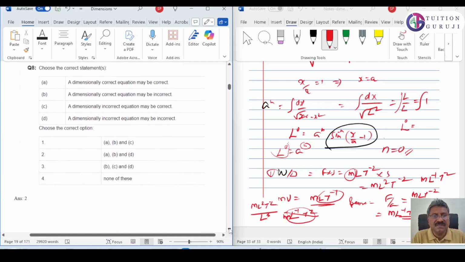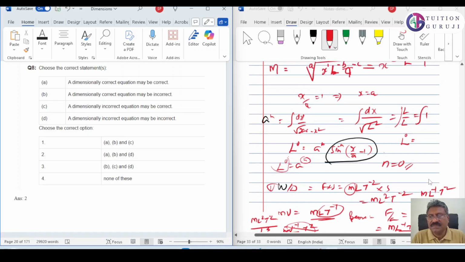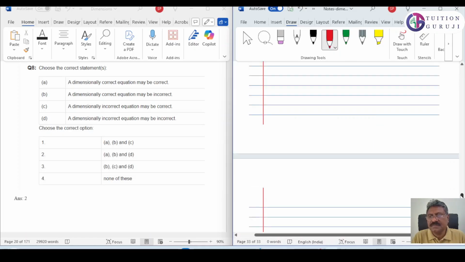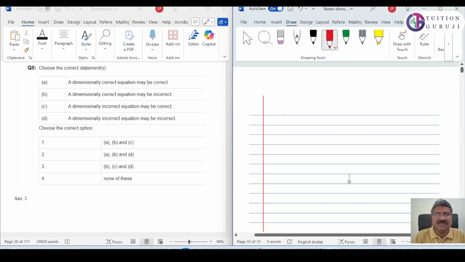Next question is, choose the correct statement. A dimensionally correct equation may be correct. So already we have discussed this. When an equation is dimensionally correct, it may be correct and it may not be correct.